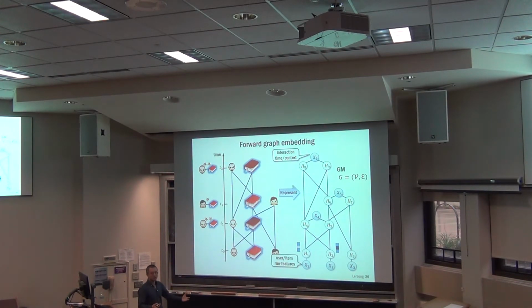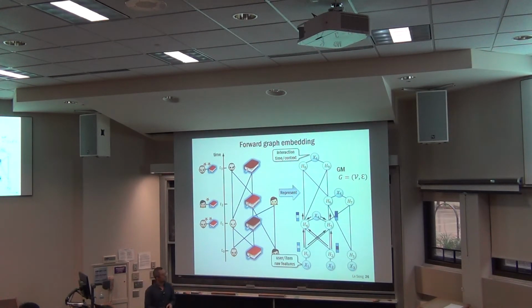So you define some graph embedding operator, which takes the historical embedding of that user and the item they interacted with, potentially the feature for that particular interaction, and then updates the representation for the user. Similarly, for the item, you also have the update.